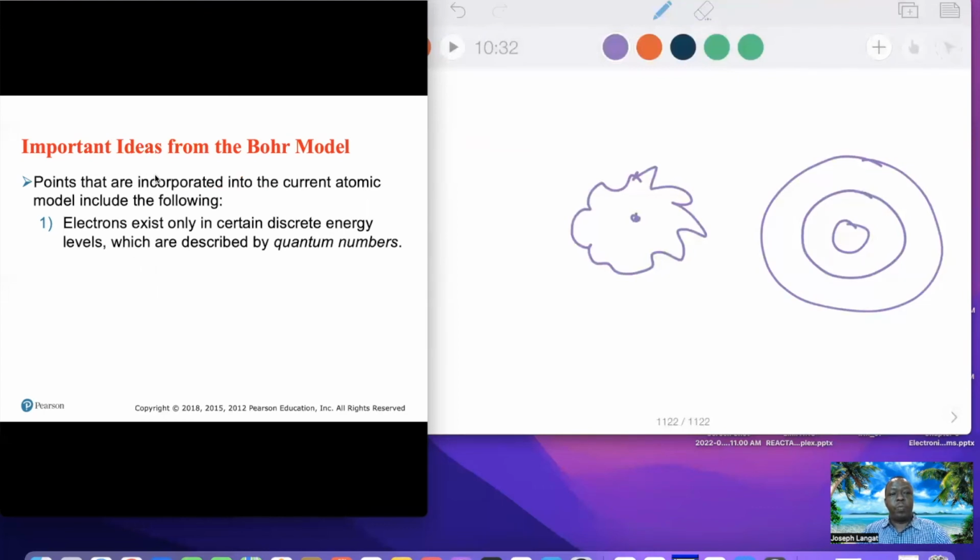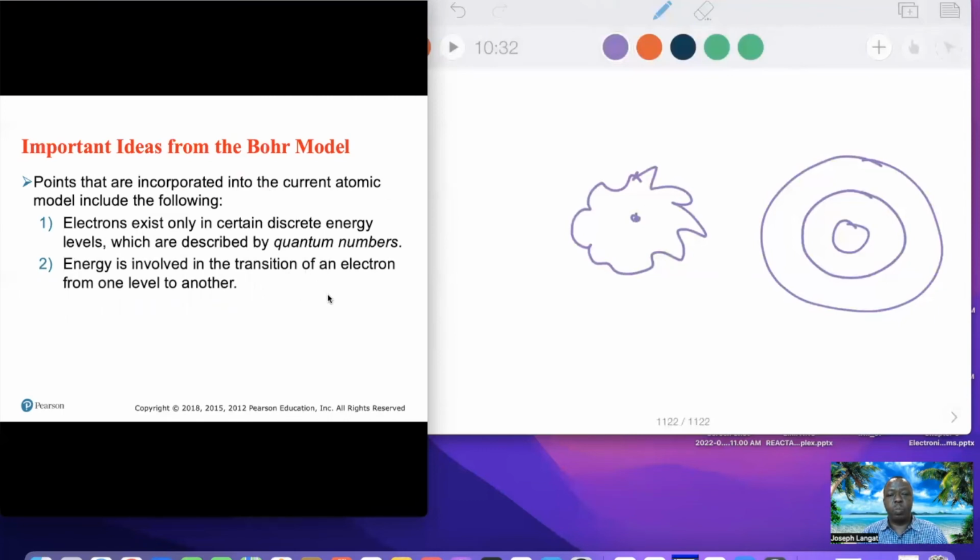What we know from Bohr's model is that an electron exists in certain discrete energy levels. We will look later at what we call quantum numbers. Energy is involved in the transition of an electron from one level to another.